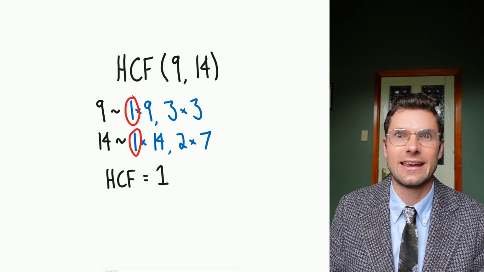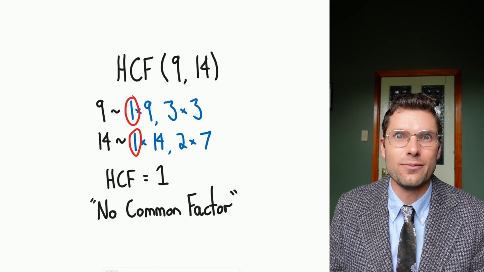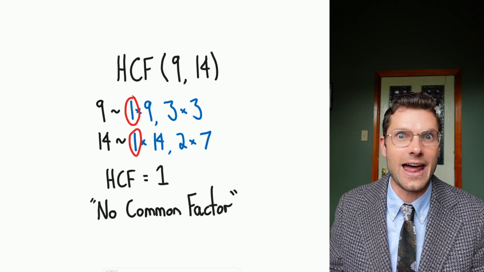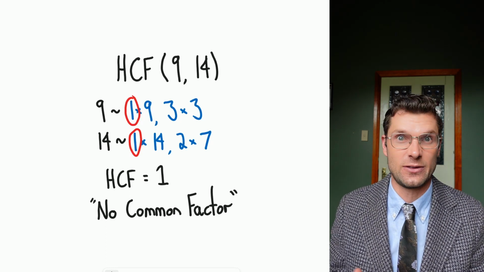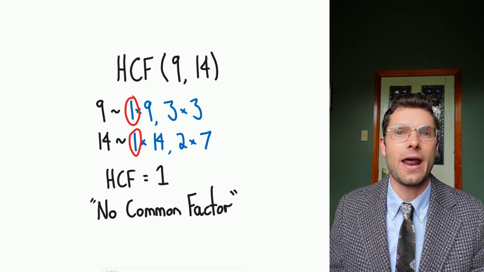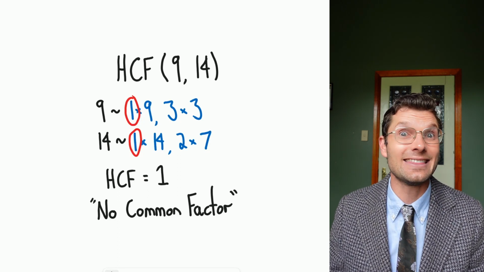But what you're more likely to hear is that, hey, these two numbers don't have a common factor. We actually ignore 1 most of the time because every single number ever multiplied by 1 is that number. So 1 is a common factor with everything. So these two numbers, 9 and 14, do not have a common factor. And that's all you have to write. It's totally fine to get that as an answer.